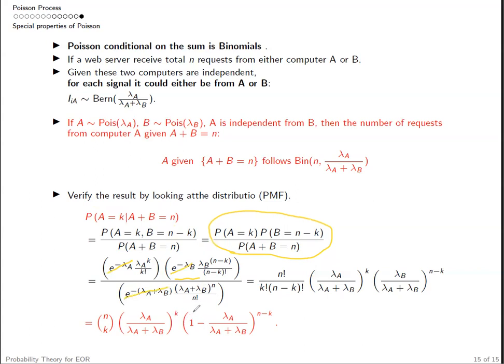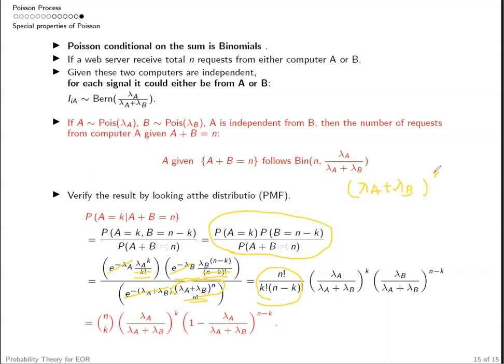What is left is k factorial, n minus k factorial, with n factorial over there, and lambda A to the power k, lambda B to the power n minus k, divided by lambda A plus lambda B to the power n.